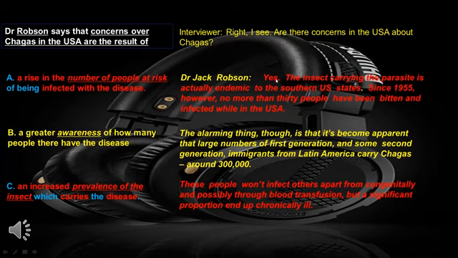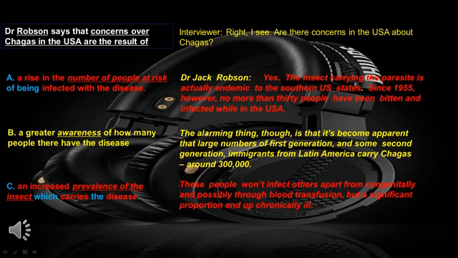So the information mentioned in this part is contradicting the first answer, which says there is a rise in the number of people at risk. There is no rise, so this is the opposite.